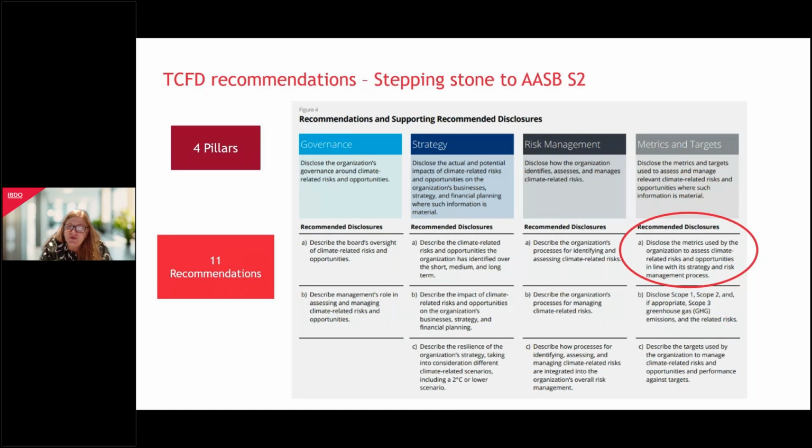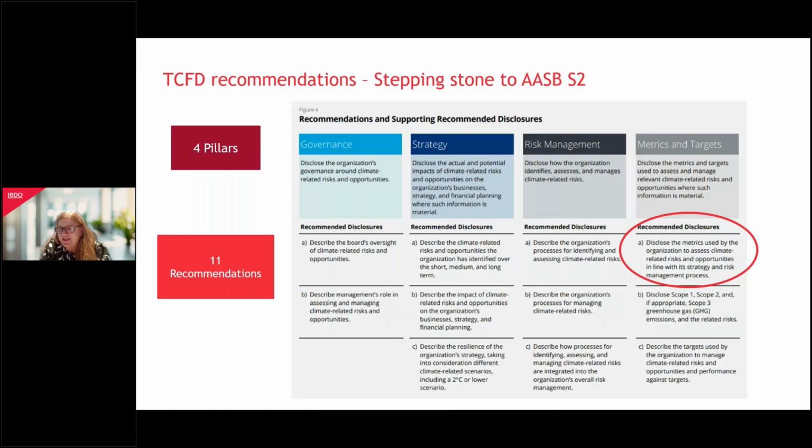The TCFD recommendations are voluntary, recommended by the ASX, by ASIC, by APRA, many organizations worldwide. We know ASIC says that 70% of 75% of those entities, ASX 200 entities, are already complying with these TCFD recommendations to some extent, not necessarily everything. But the TCFD recommendations have a similar structure. There's governance, strategy, risk management, and finally, metrics and targets.